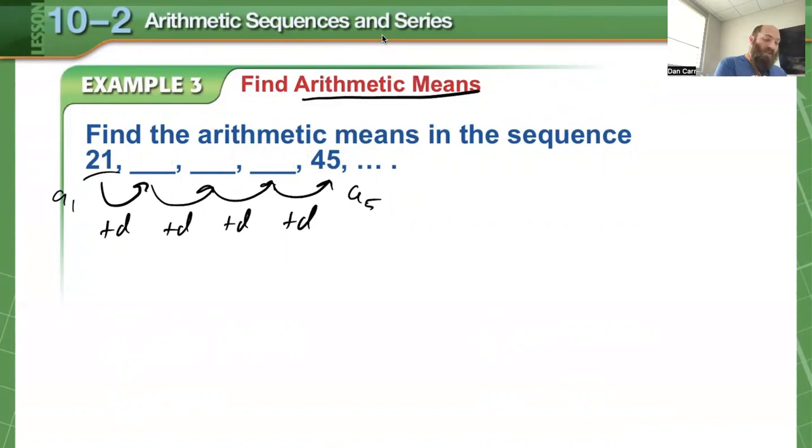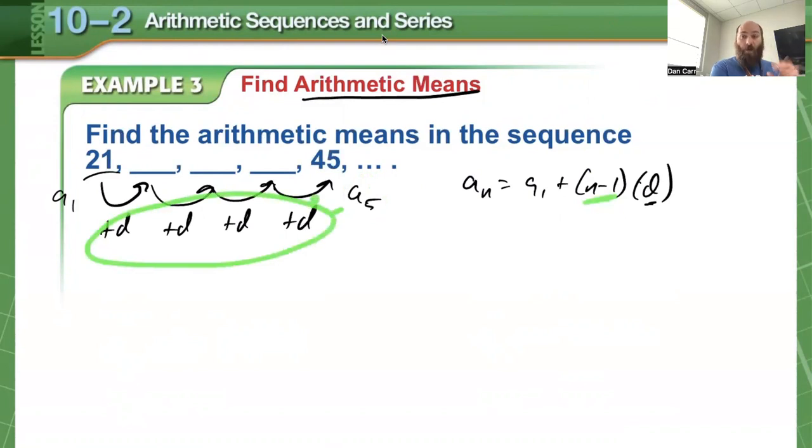A way of representing that is, again, if I use my formula, a sub n is equal to a sub 1 plus n minus 1 times d. We don't know the d value here. We do know that to get to a sub 5, I'm going to take 5 minus 1, which is 4. That's what's representing these 4 common differences.